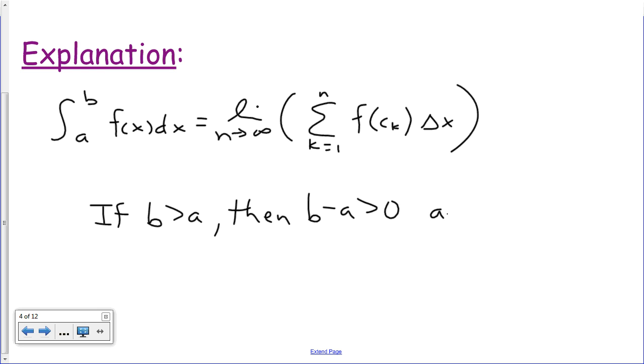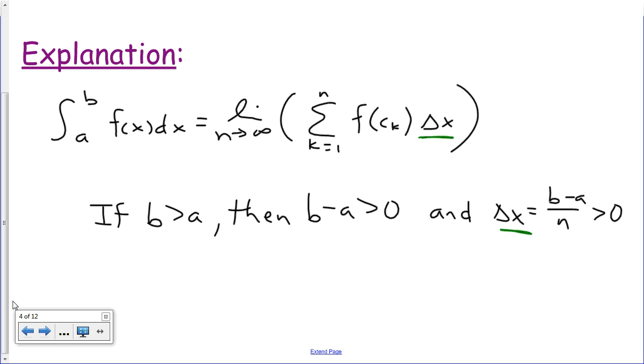And delta x, which is equal to b minus a, a positive number, divided by n, a positive number, has to be positive. So delta x is greater than 0. And so when we multiply f of c sub k times delta x, we're multiplying our function values by a positive delta x. So we get potentially a positive result.